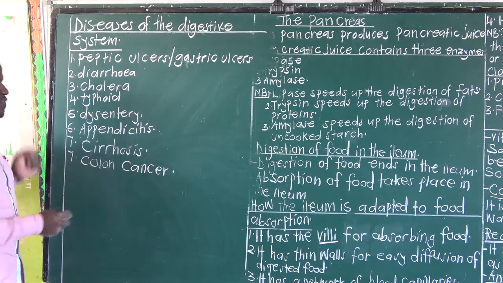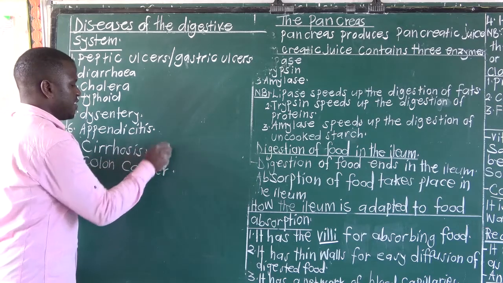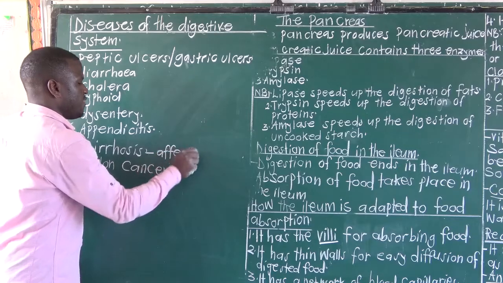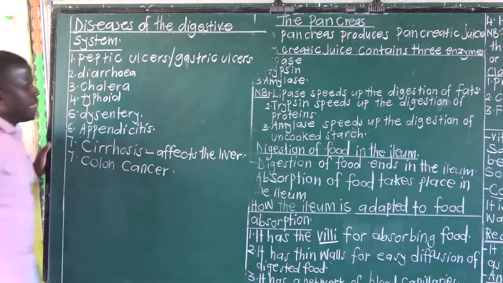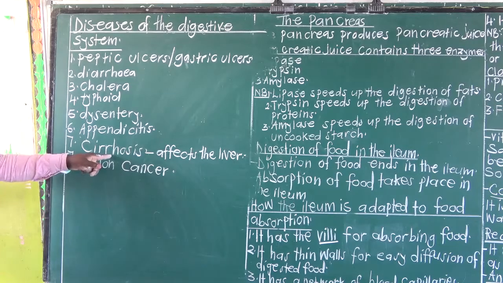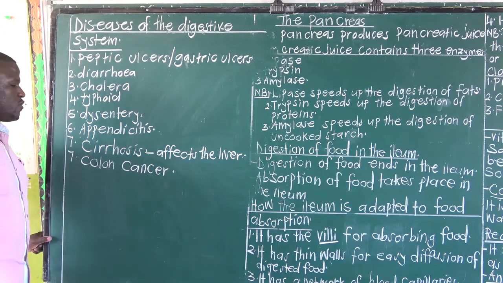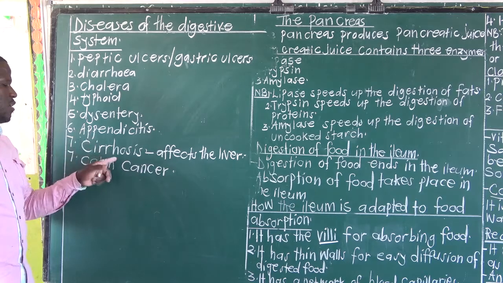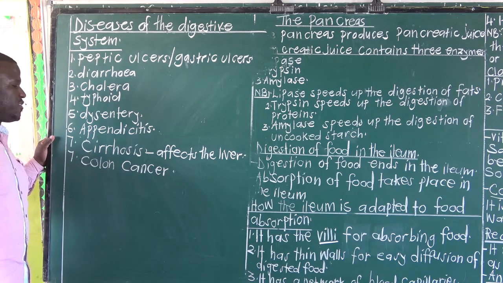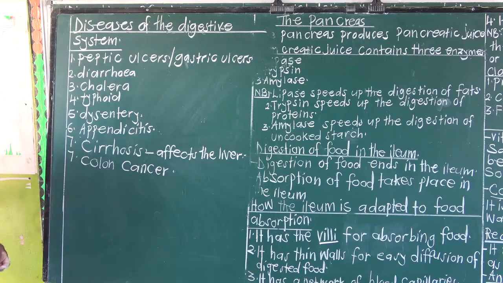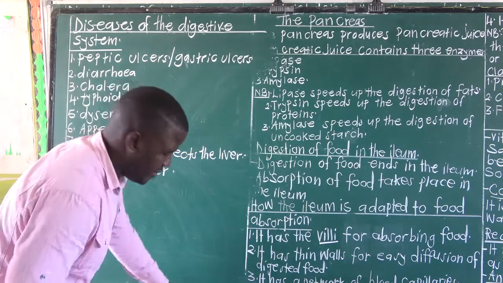Cirrhosis affects the liver, and it is caused by excessive drinking of alcohol. So when you drink alcohol excessively, alcohol will burn the liver, and you get a disease called cirrhosis. So those are diseases that affect the digestive system.